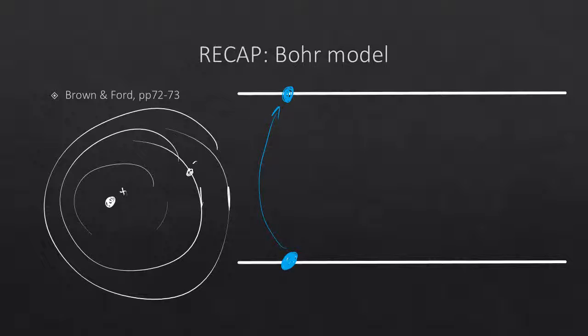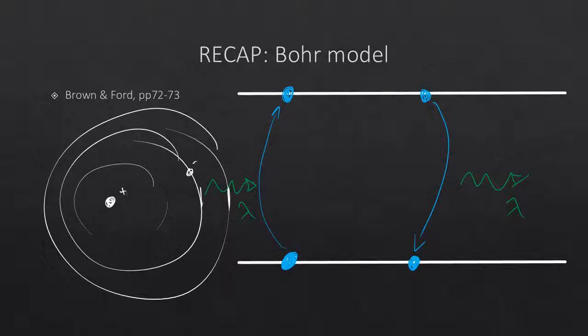But then, let me show my incoming wave of light, and with that little bit of energy, my electron jumps up, but then my electron falls back down to this initial energy level, and it releases that wavelength of light.